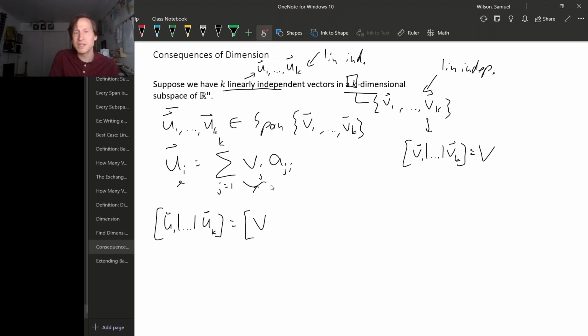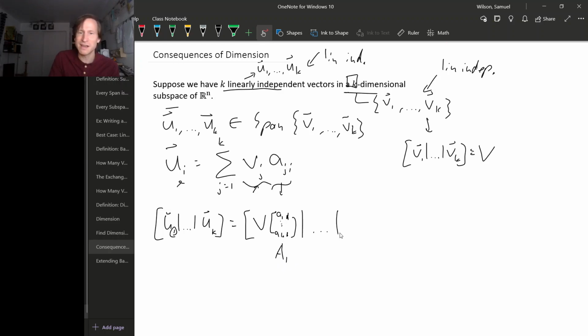And this linear combination of the v's, it's actually just V times the first column of the a's. So this is going to be a1i down to aki, but since I'm on the first column, I should have a 1 here. So a11 down to ak1. But we should just call this column vector a1.